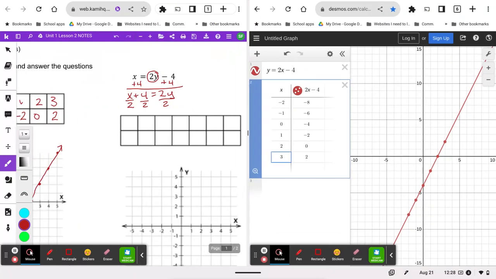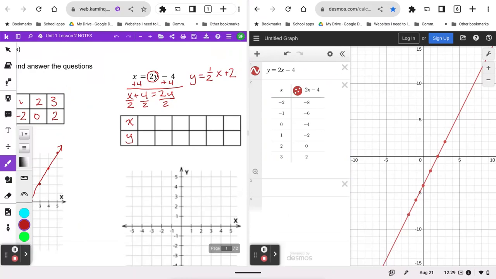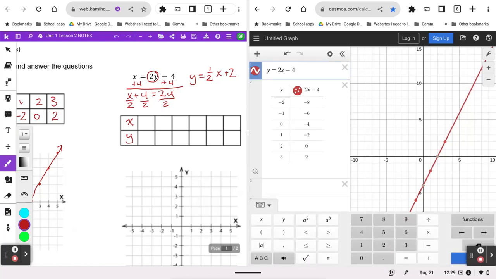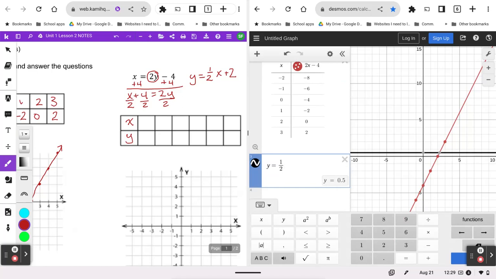I'm just going to switch it around. So y equals x over 2 just means 1/2 x, and 4 over 2 is 2. There's your equation. Then we're going to come over to Desmos and write the equation: y equals 1/2 x plus 2.